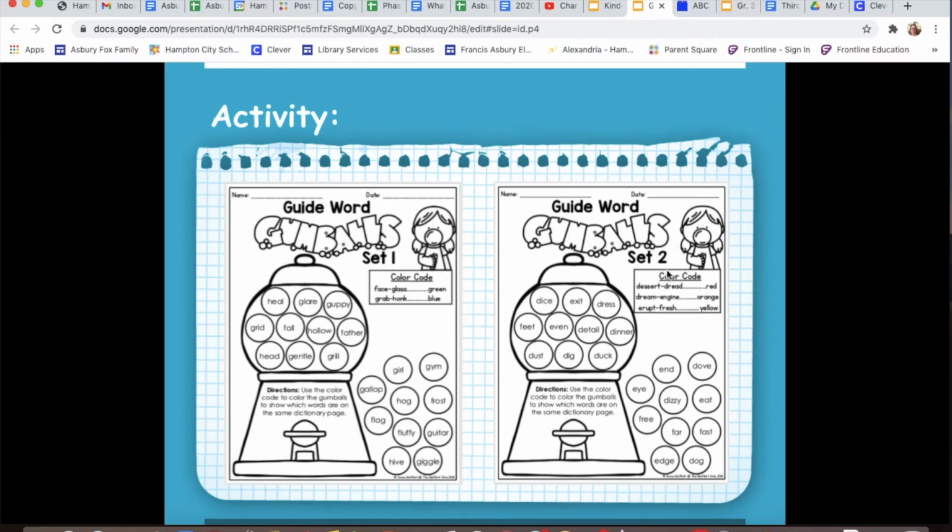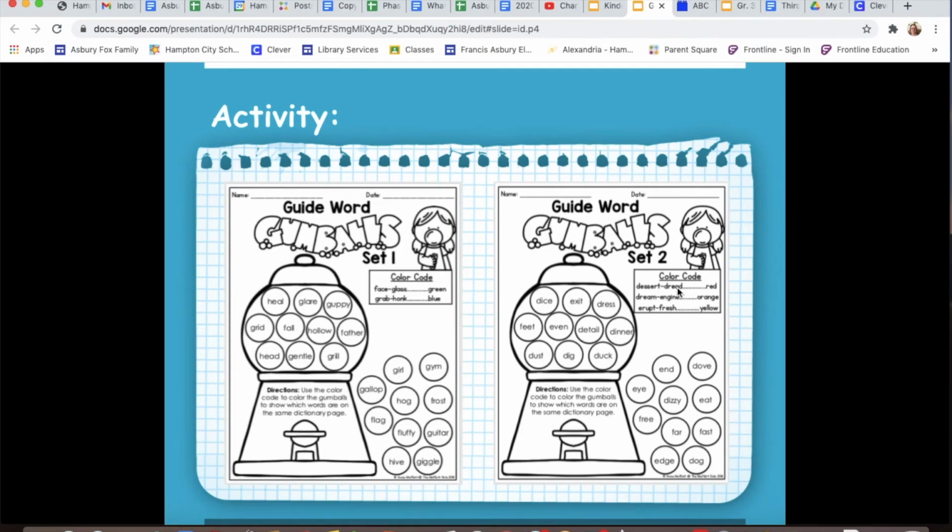And then set 2 is for second grade. I would like for you guys to try this. Same thing. There are gumballs that have words in each one of them. But with second grade, you have 3 different sets of guide words to choose from. So when you look at the word, you're going to decide, would it go on a page with the guide words dessert and dread?